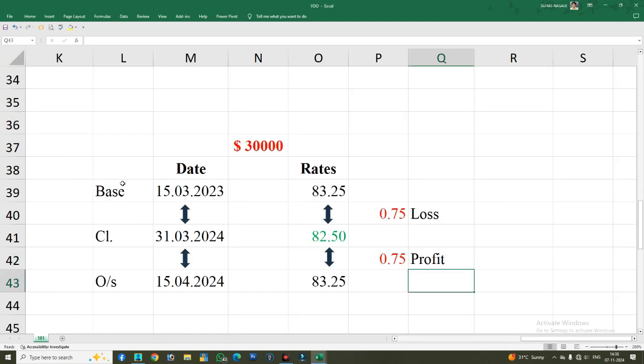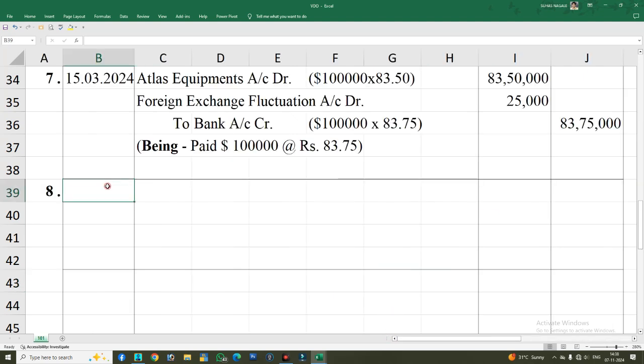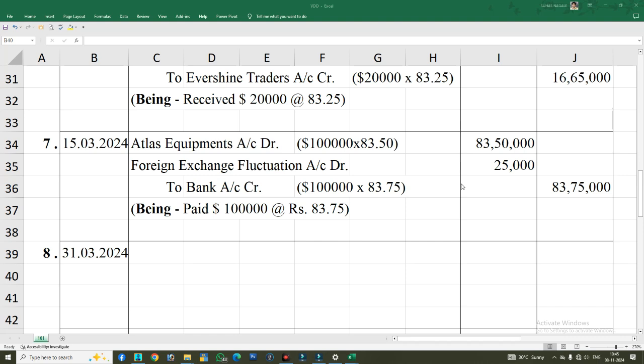Now we have to record two journal entries for this working note. First entry for outstanding loss, and next time in the next year we will pass the next entry. On 31st March 2024, there is a loss, and this is the loss of Sunflower Limited. According to that working note, we have to pass the entry of loss.